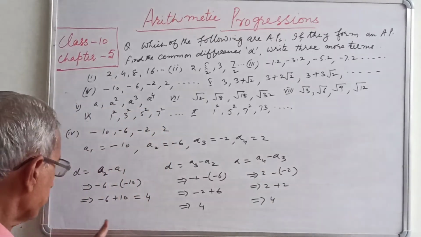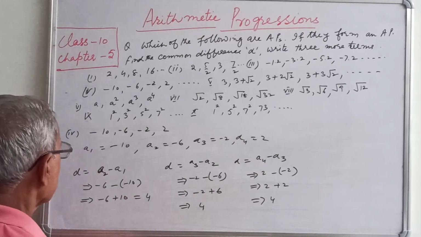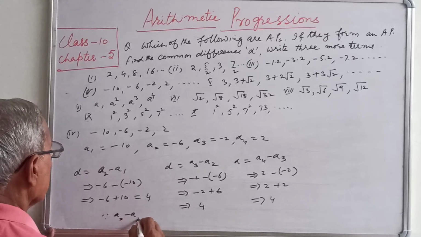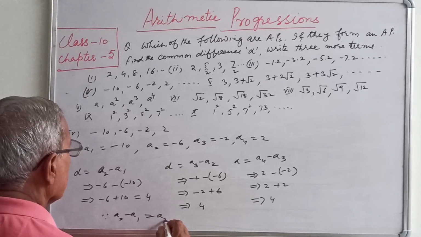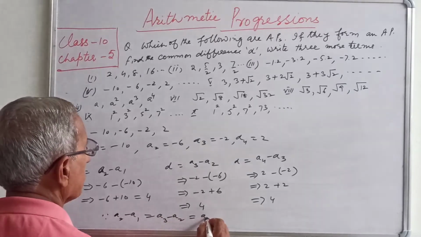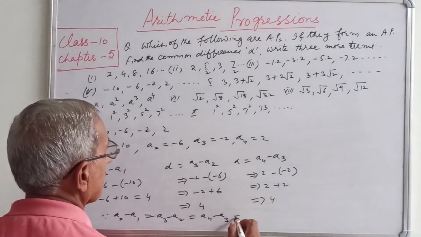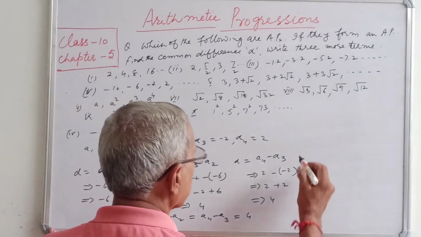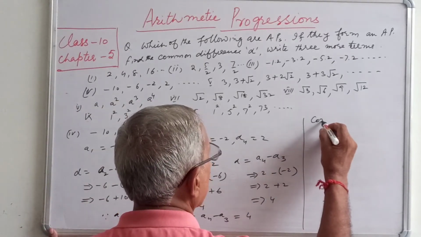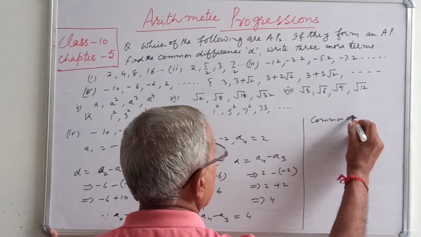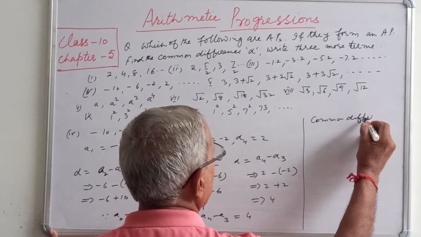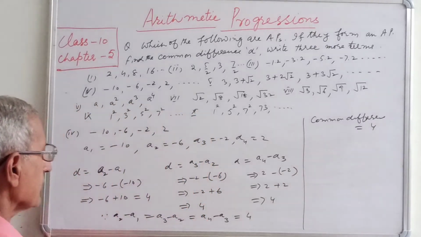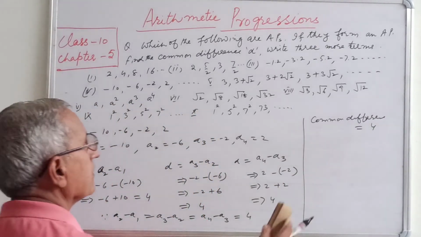So here, since A2 minus A1 is equal to A3 minus A2, which is equal to A4 minus A3, and is equal to 4, the common difference is 4. So the given sequence is an AP.